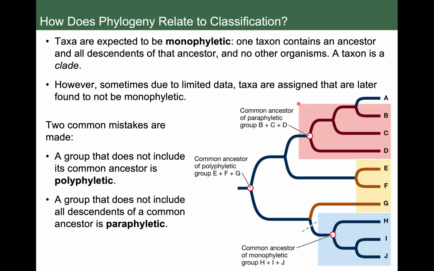Now we realize, oh, it should be. So it's usually just a mistake due to lack of information. And this really points to the fact that you have to constantly reconsider and redraw these phylogenetic trees based on the most recent evidence. They are just hypotheses, and those hypotheses are constantly changing.